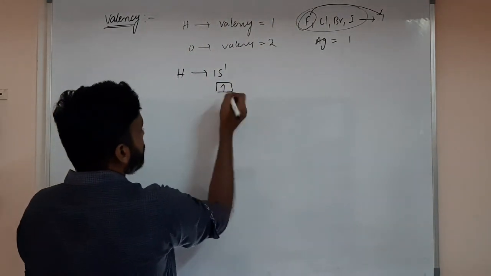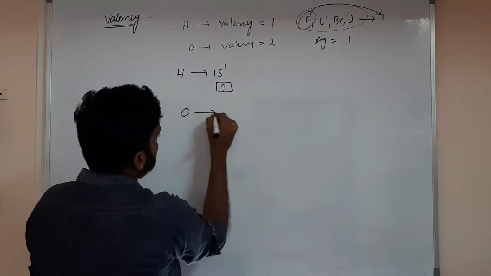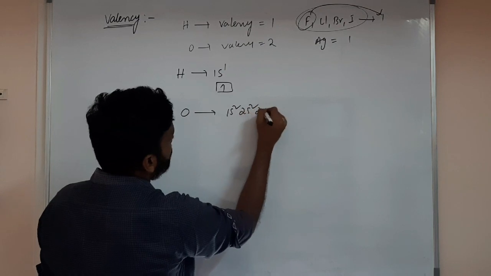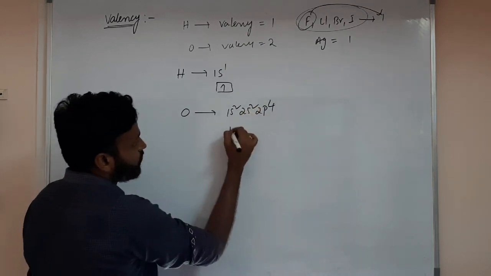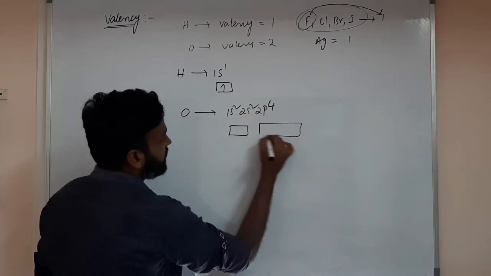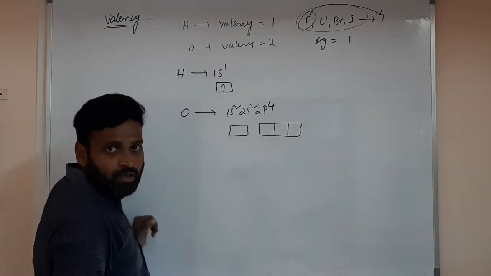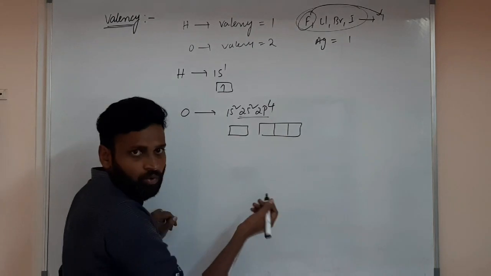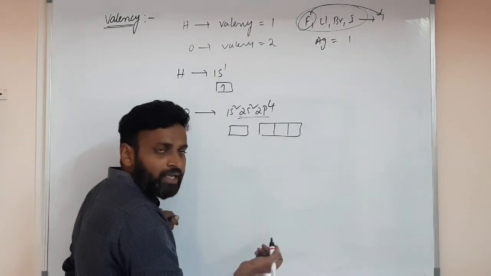But oxygen, why am I saying 2? It's 1s2, 2s2, 2p4. 2s has 1 box, p has 3 boxes. Hund's rule is very important here. Who is involved in bonding?